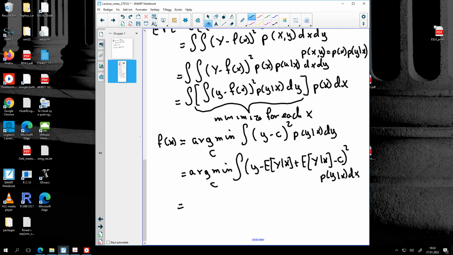And then we can use this quadratic rule.